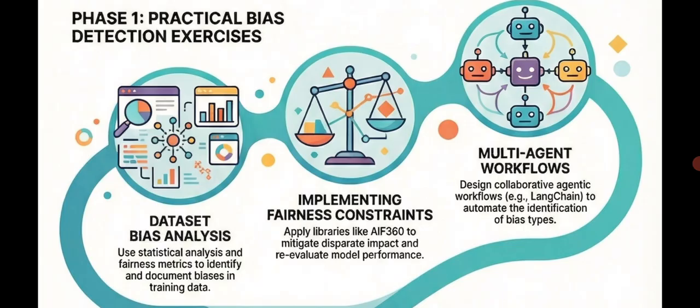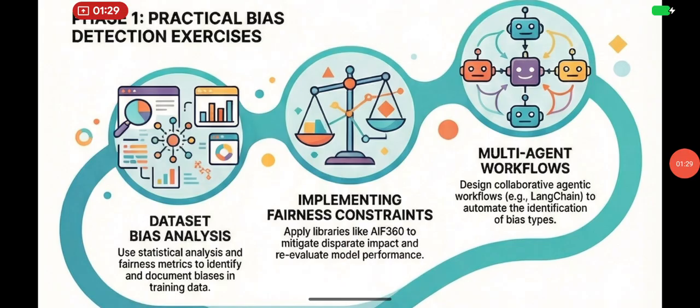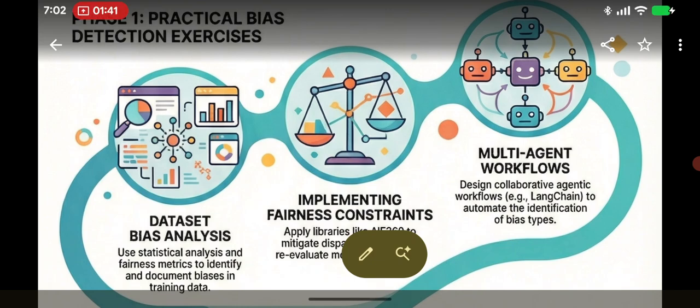For fairness constraints, we have guardrails and different libraries available to do the evaluation. In case of multi-agent workflow solutions, we have LangChain, LangGraph, LlamaIndex, and other libraries. So one of the agents can be a fairness agent, or every agent can have an agent within it to do the fairness evaluation.